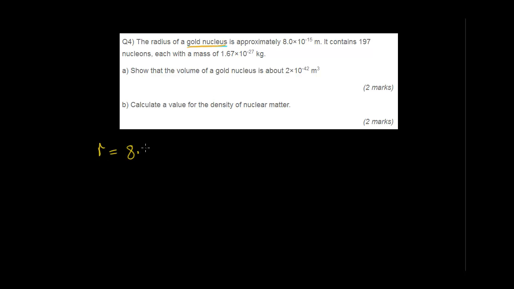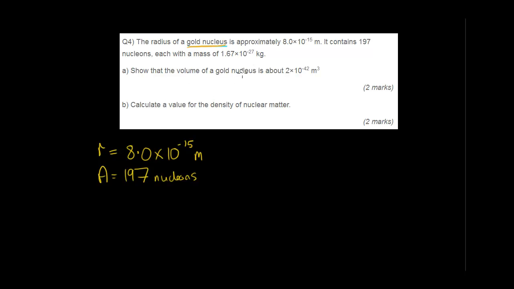Again, notice I'm just writing down what we know, translating what's in the question so that I've got a little summary. It contains 197 nucleons, so we know that A is 197, each with a mass of 1.67 times 10 to the minus 27 kilograms.